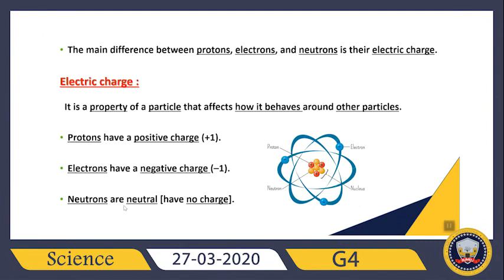So again, protons have a positive charge, electrons have a negative charge, while neutrons are neutral or have no charge, as you see here in the picture of the structure of the atom. Okay?